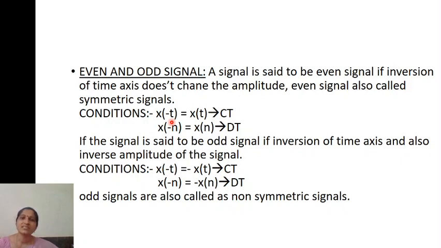An example of odd signal is sin t. In place of t, if you substitute minus t, then you are getting minus sin t. So you are getting minus of the function. So that is called the odd signal. Likewise, t square can be considered as an even signal and t cube can be considered as an odd signal. These are some examples of even and odd signals.